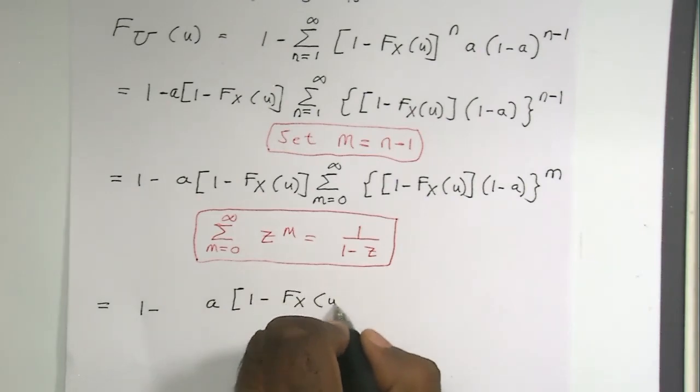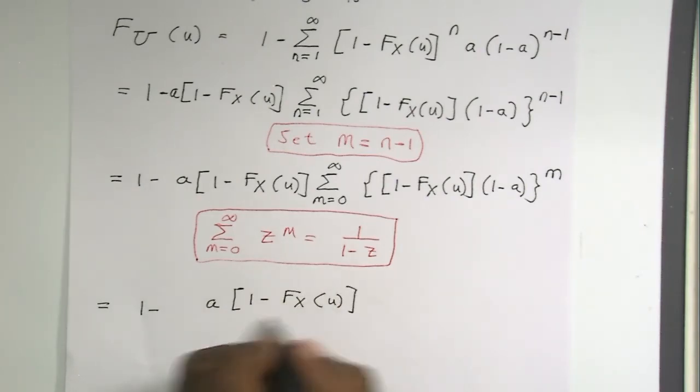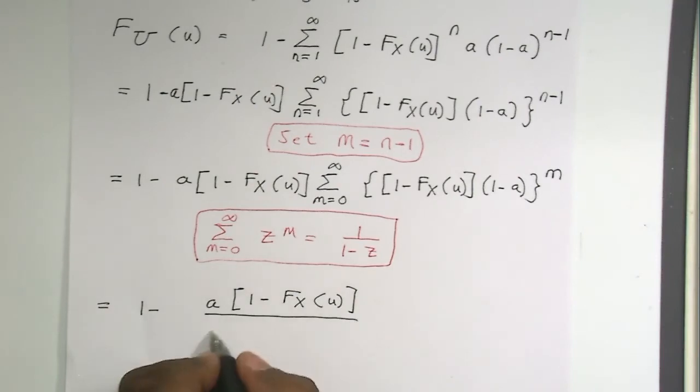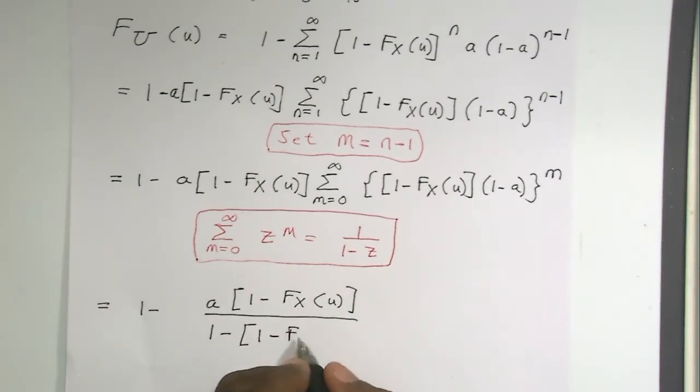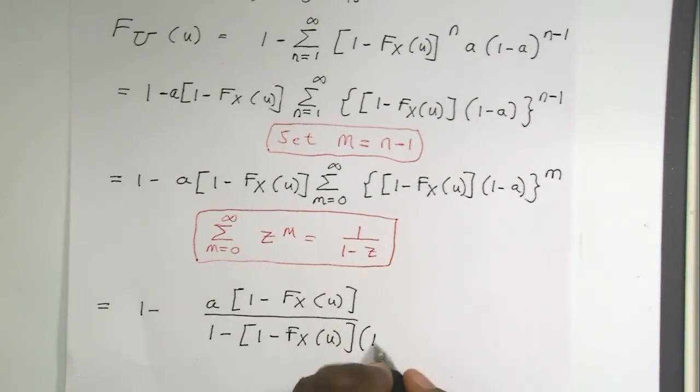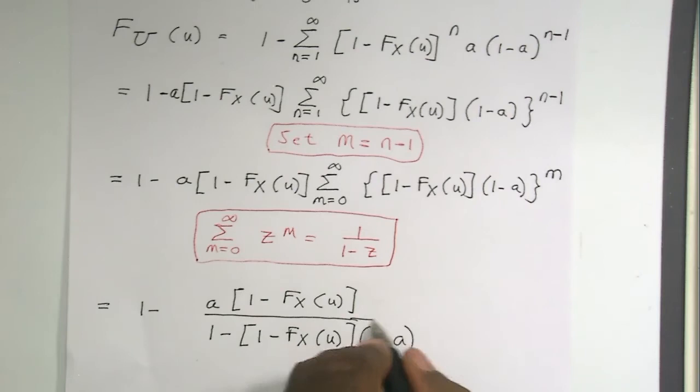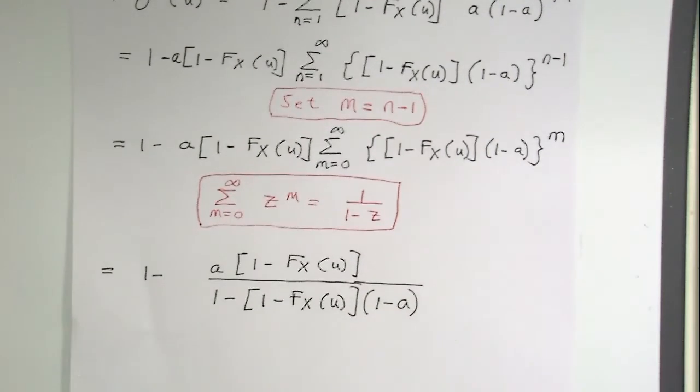F_X(u)), divided by 1 minus (the denominator term). So this is the CDF of U, and you can differentiate this to find the PDF of U. Is this clear so far?